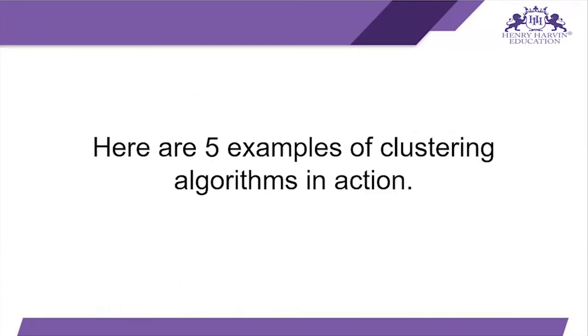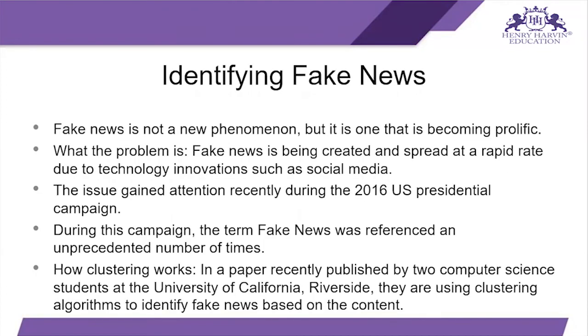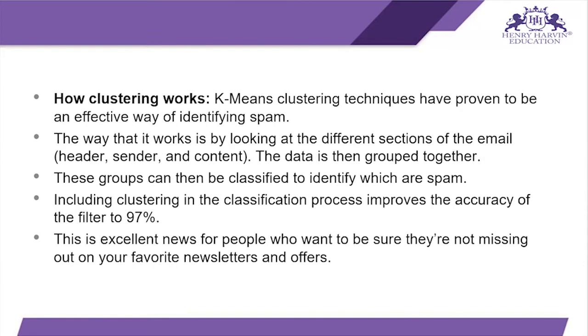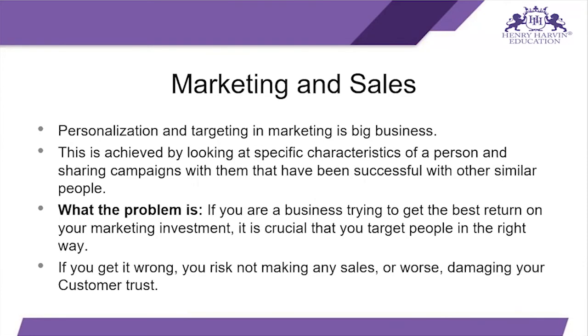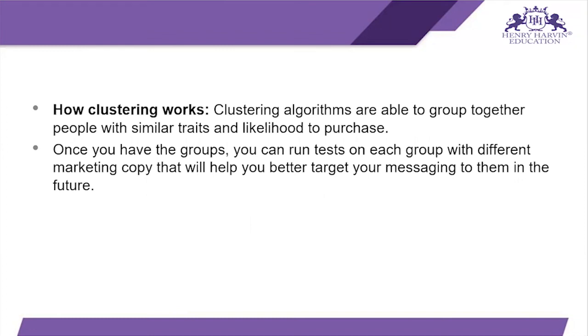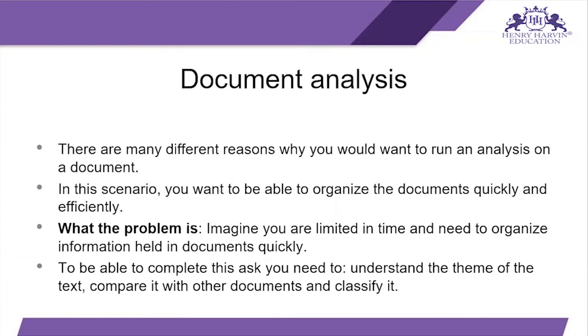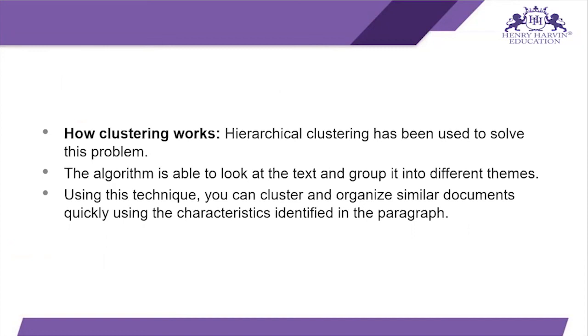Then I told you about the five examples of clustering algorithms in action: identifying fake news, the problem and the solution by the clustering algorithm; then the spam filter problem and solution; then marketing sales, what is the problem and how clustering works; then identifying fraudulent or criminal activity, what is the problem and how clustering works; and document analysis, what is our problem and how clustering works to solve this problem.